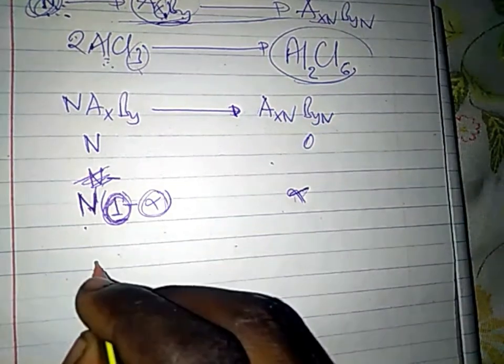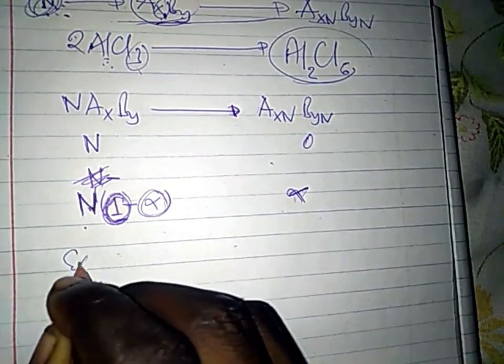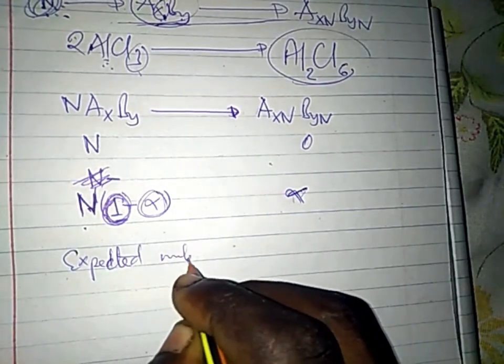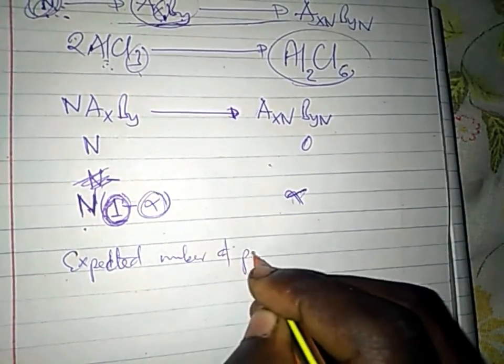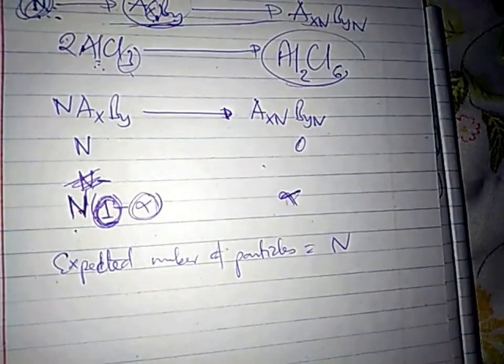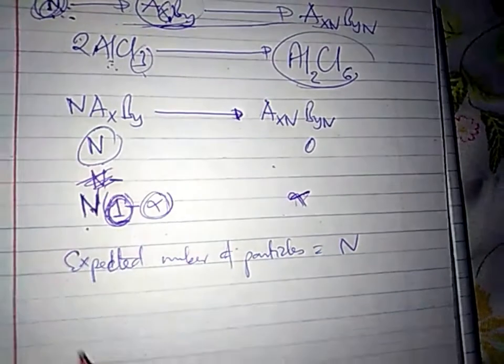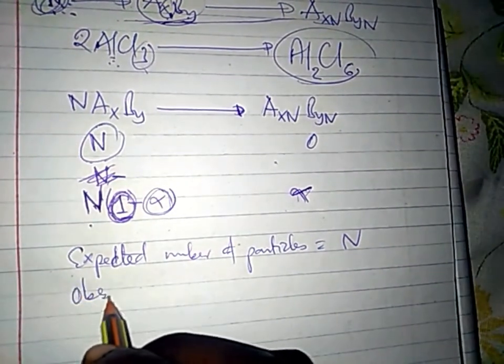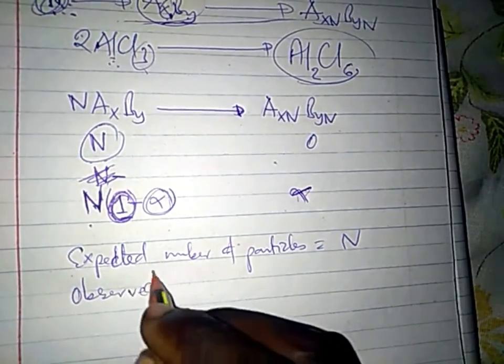So now Vantage Factor, kwanza tuangalie expected number of particles. Expected number of particles itakuwa ngapi? N. Hii hapa expected number of particles.